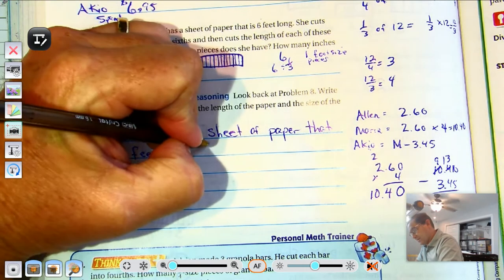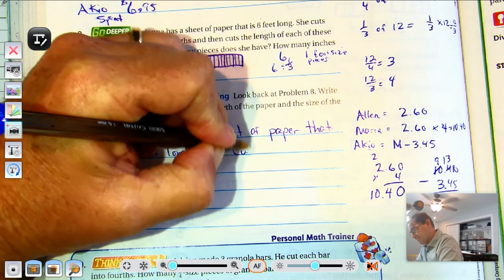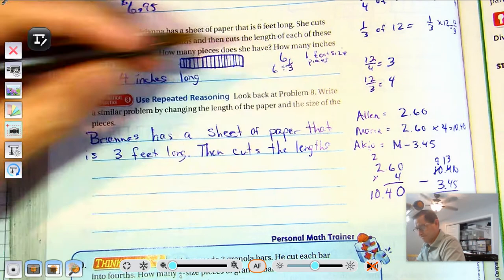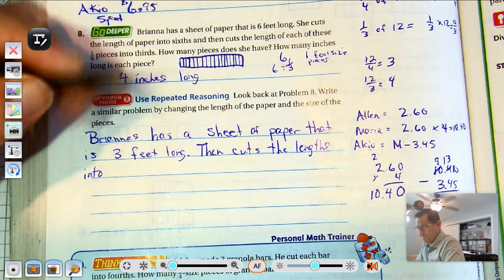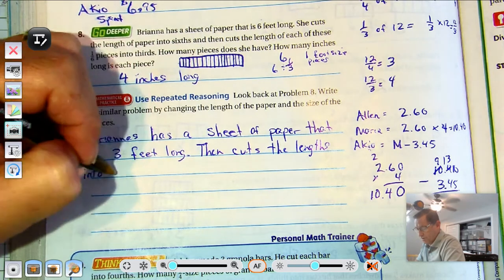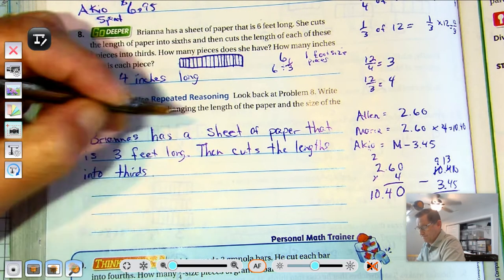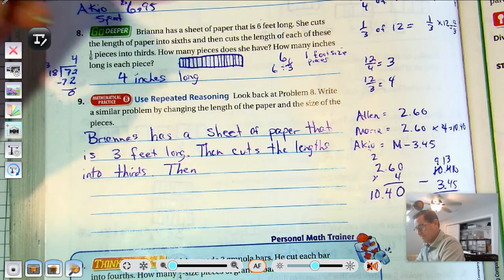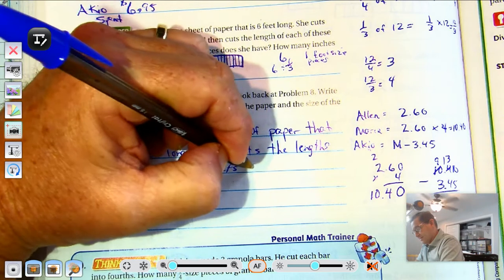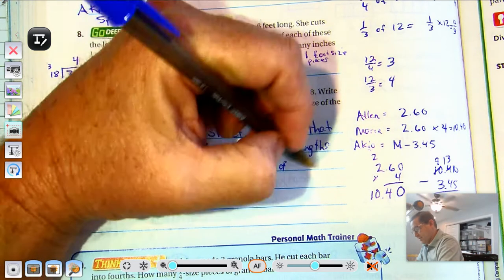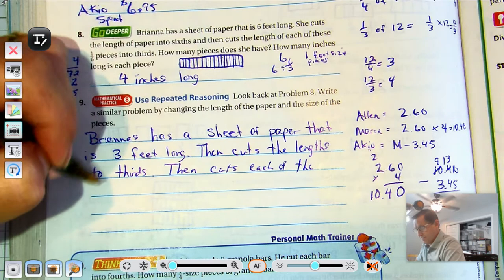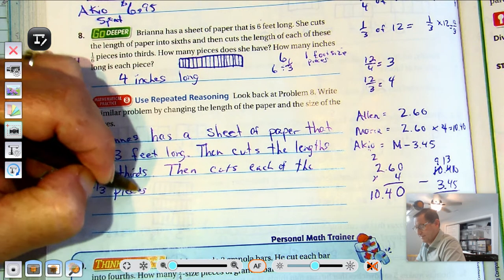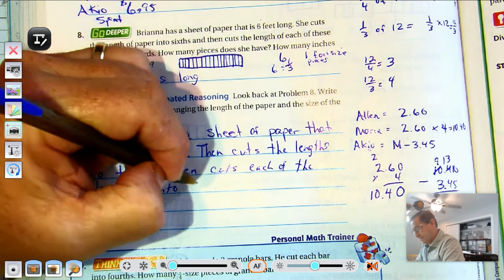Cuts the lengths, then cuts the lengths into thirds. Then cuts each of the 1/3 pieces into fifths.